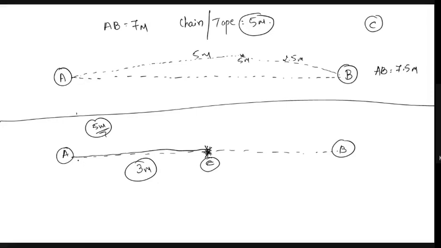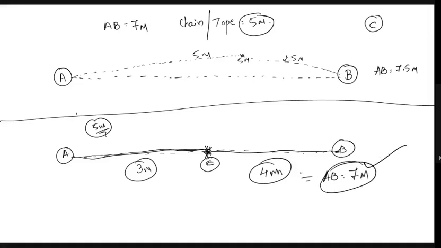So when I measure, it is 3 meter, and when I measure the remaining, I have got 4 meter. So total distance, how much have I got? I have got total distance equal to 7 meter. This is the most important reason why we should establish intermediate points, or ranging.